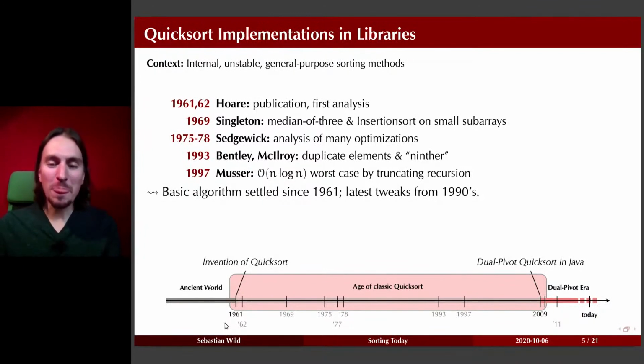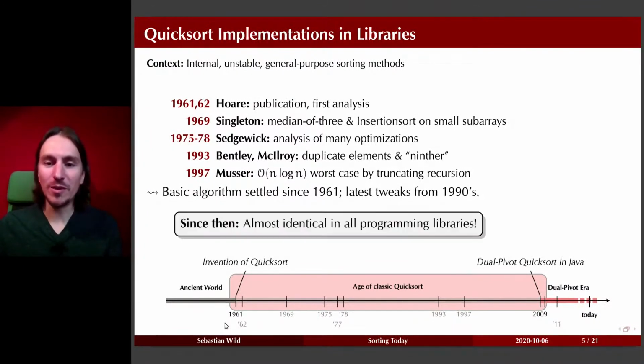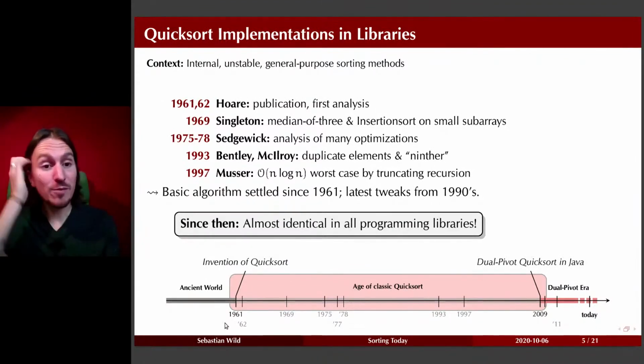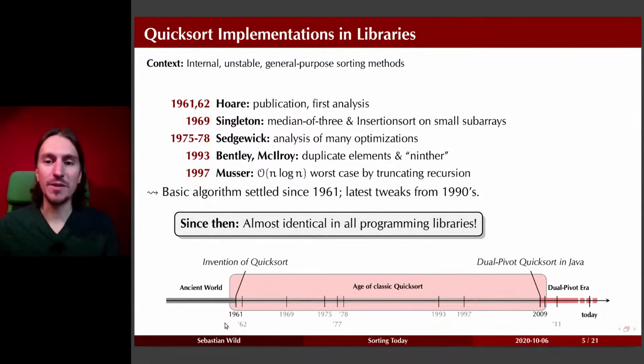But since then, basically all programming libraries used identical code for their sorting methods. If they were based on Quicksort, they were using almost the same method. And that's quite comforting, because it, in a sense, says this was the way to go. This was the right way to do Quicksort.